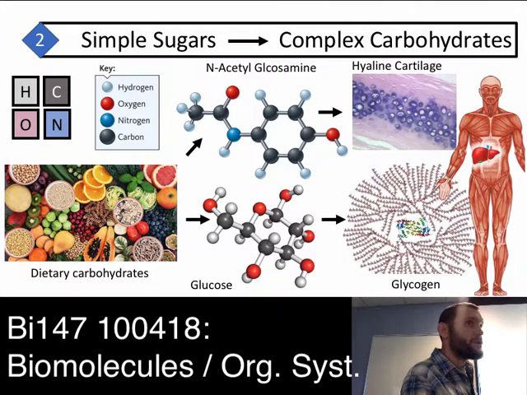In plants, the starch is called amylose. All right, and we'll talk about amylose. Are we going to talk about amylose? No, we probably won't. But amylose is the starch that you find in things like potatoes. It has a very similar structure to glycogen.